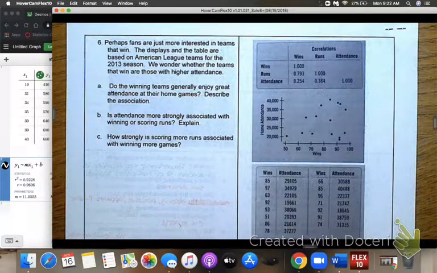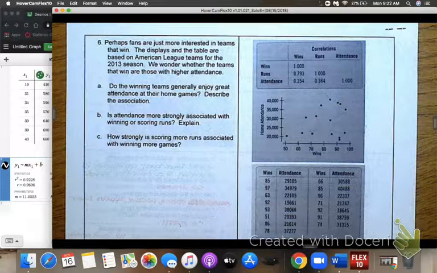When we're looking at more wins, it kind of varies, right? You have some low attendance, you also have some high attendance over here. When they have not very many wins, there's no high attendance at all.